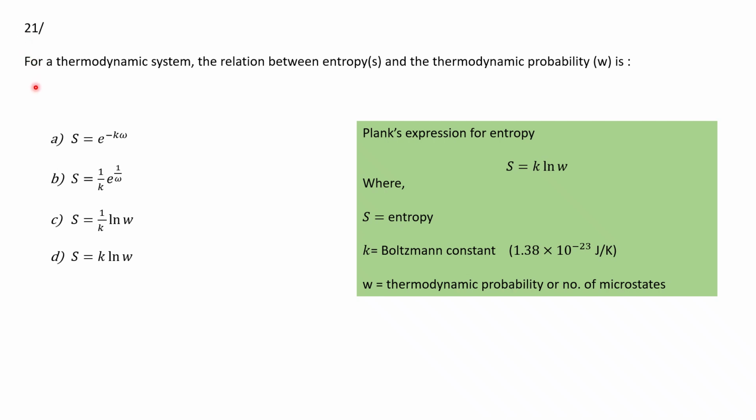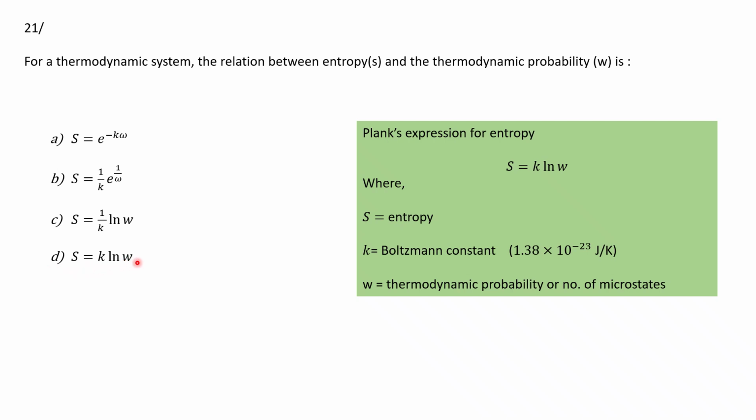For a thermodynamic system, the relation between entropy S and the thermodynamic probability omega is, and here our options are S equals e to the power minus k omega, S equals 1 by k e to the power 1 by omega, S equals 1 by k ln omega, and S equals k ln omega.